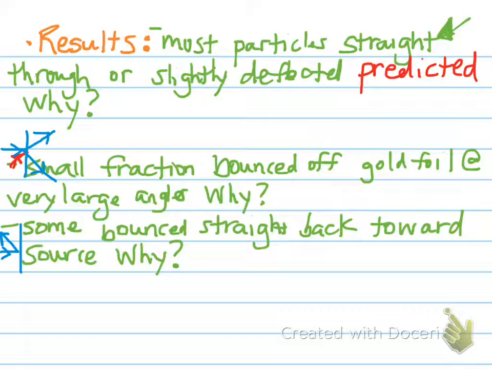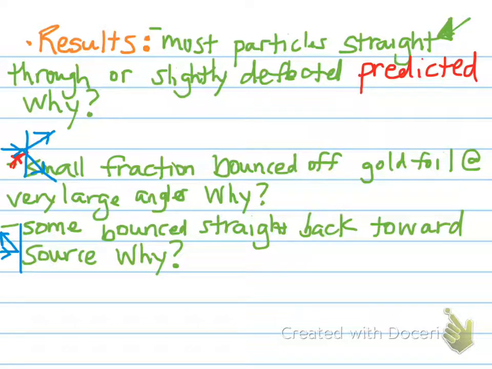However, if you shoot that cannonball at the barn and it comes through the barn, but 5 feet later it hits the ground because it's deflected, that's not what you expect. And worse, the most surprising, imagine shooting that cannonball at the barn and it hits the barn and it bounces off of it and it's coming right back at you.